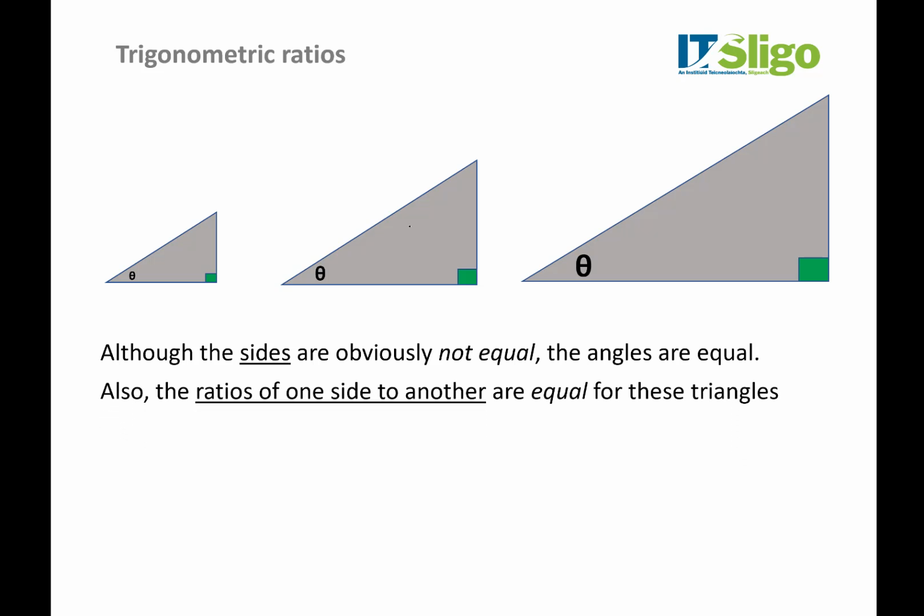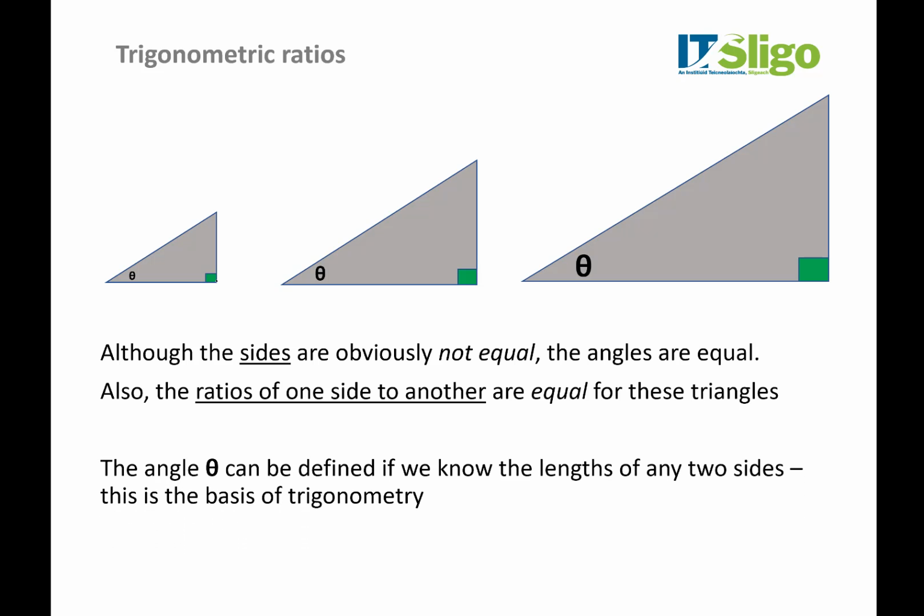Like I said, the sides aren't equal, but the ratio of the sides, A over B for this triangle is equal to A over B for this triangle is equal to A over B for this triangle. So that's what's crucial. And then the angles are the same. So once we know a ratio of two sides, we can compute an angle. And this is the basis of trigonometry.